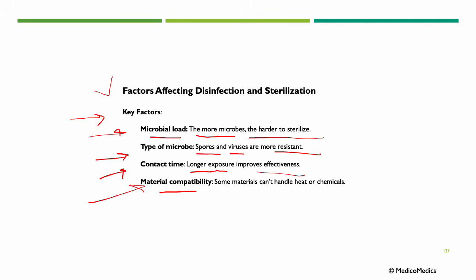Another factor is material compatibility, so some materials can't handle heat or chemicals. So all in all, the effectiveness depends on the number of germs, the type of germs, how long the cleaner stays in contact with it, and some items need special care to avoid damage.